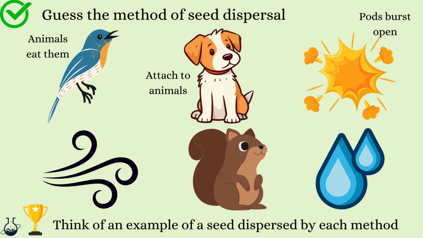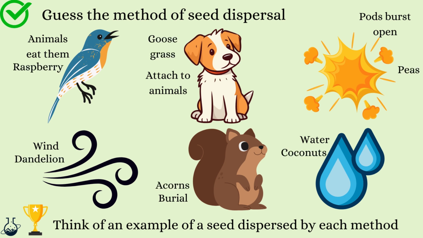Some plants have pods which can burst open, projecting the seeds away. The wind can carry seeds. Animals might bury them in various places and eventually forget about them. And bodies of water, like rivers, which can carry seeds from one place to another.